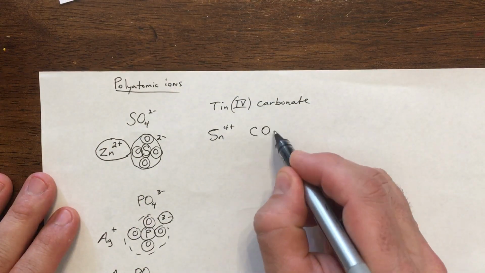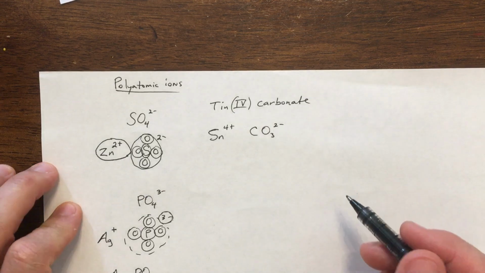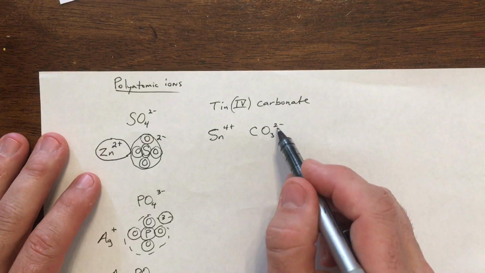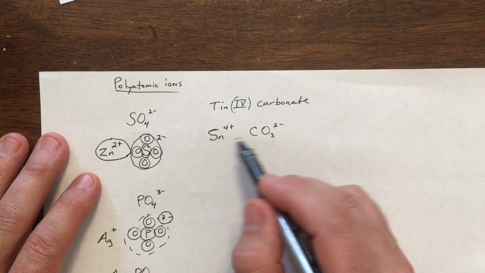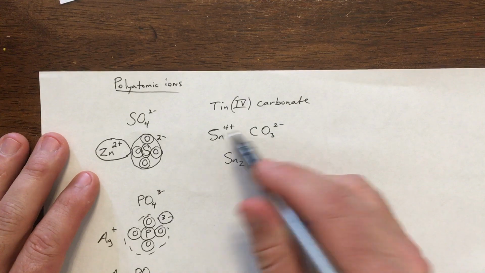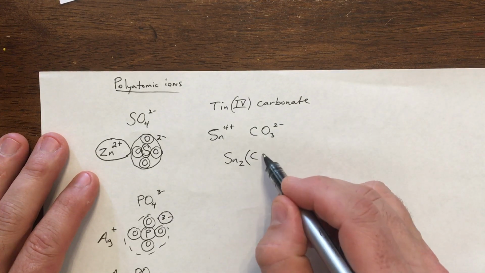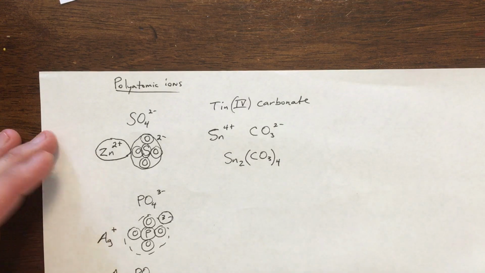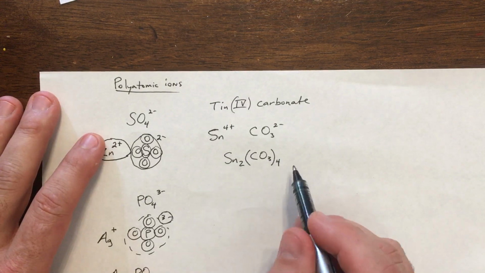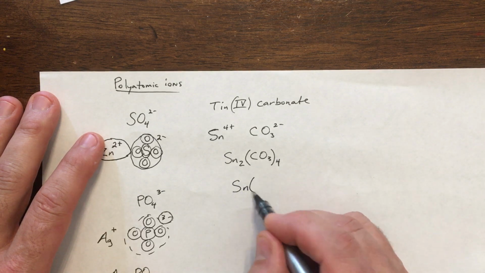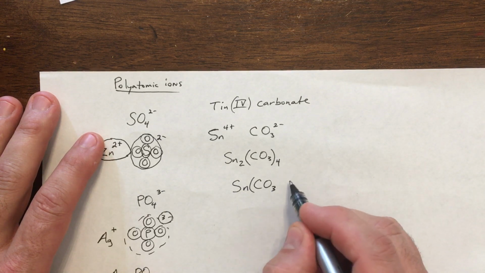Then I switch these numbers: the charge of the anion becomes the number of the cation. So we go Sn2, and now I have to use parentheses, (CO3), and this 4 comes down here. You can see the 2 and the 4 are reducible, so I would rewrite that as Sn(CO3)2.